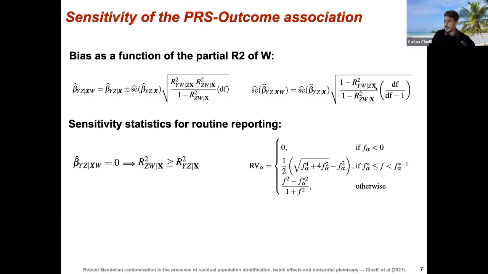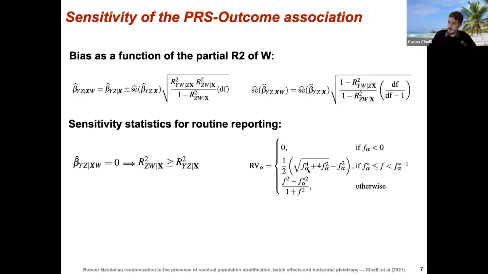And we can also play with the two sensitivity parameters simultaneously and ask ourselves, what is the minimum bound on both sensitivity parameters necessary to bring the estimate to 0? And this leads us to the robustness value. It's a simple formula of the partial F statistic of the association of the instrument with the outcome trait.